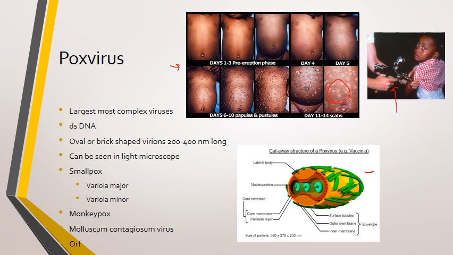The reason this was successful is because, one, this only affects humans, so there's no animal reservoir, there's no environmental reservoir. You can see everybody who's infected. There's no latent or subclinical infections. You can see it. And also, it's very easy to inoculate people.